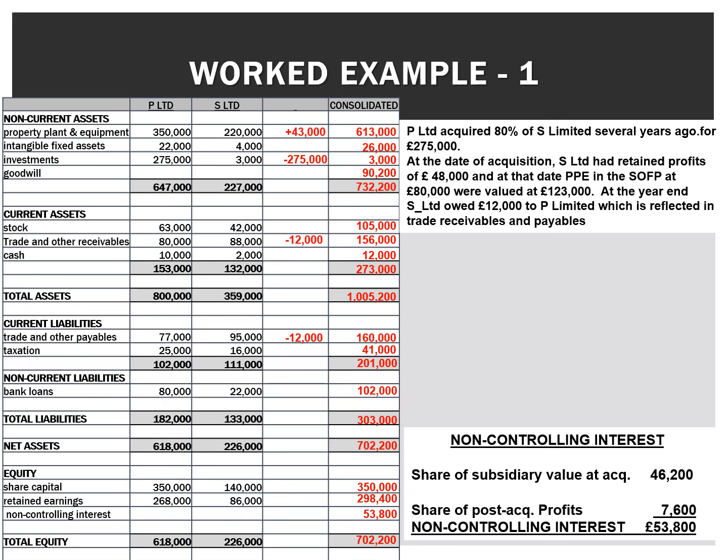Apart from that, the only other adjustment might be to the closing inventory figure, the stock figure, if there's any unrealized profits, and you'll remember we dealt with that as part of the consolidated profit and loss account. So that's the first example work through of a complete statement of financial position.